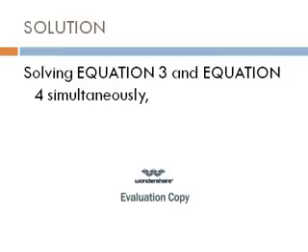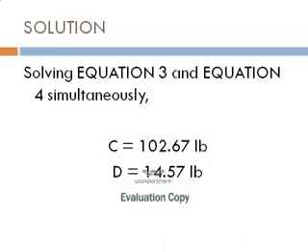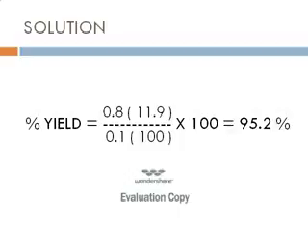Solving equation 3 and equation 4 simultaneously, we will have C equals 102.67 pounds and D equals 14.57 pounds. Substituting the appropriate values, we will have percent yield equals 95.2%.